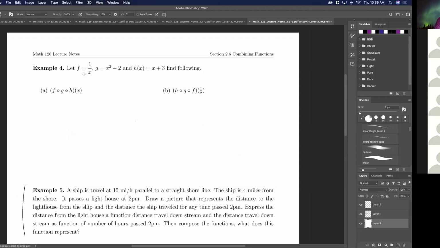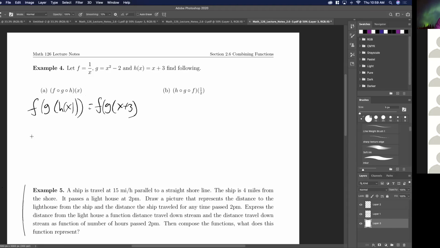So here, if I have f of x is 1 over x, this is this, and this is this. If we're doing a large composition, we just do it one step at a time. So here, h of x, the first thing I'm going to do is f of g of h of x, where h of x is x plus 3. I'm going to plug that into g.